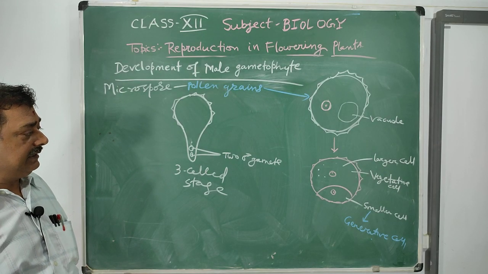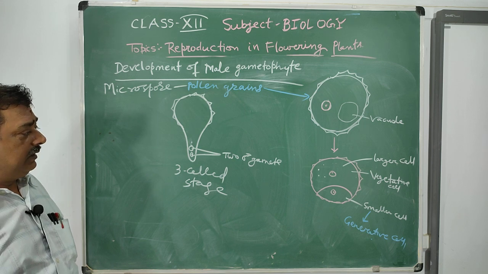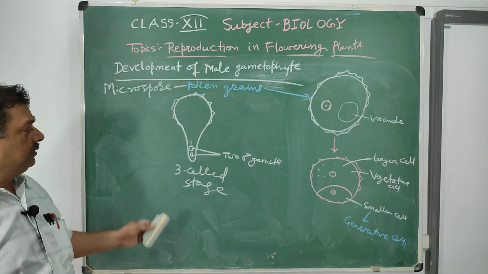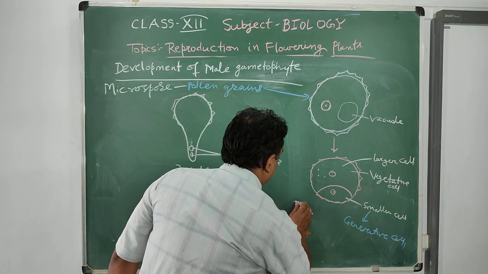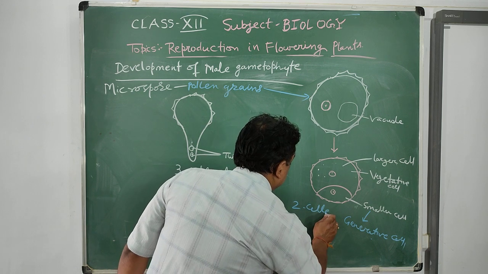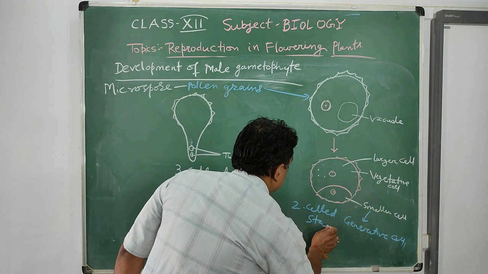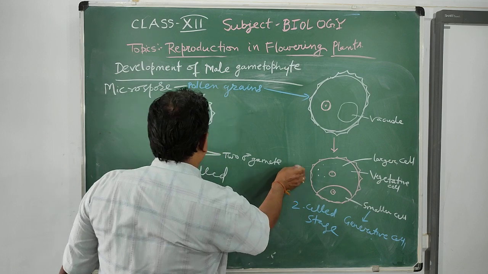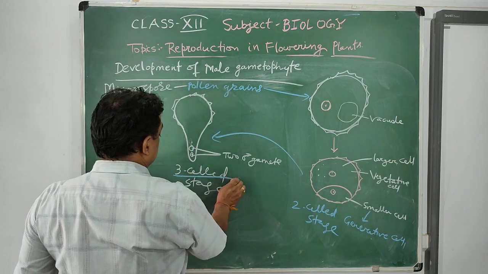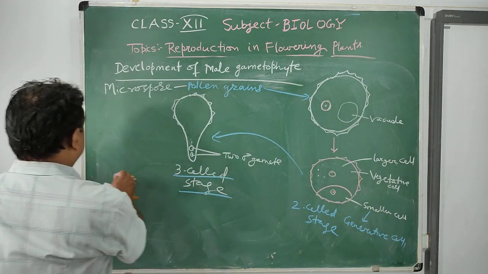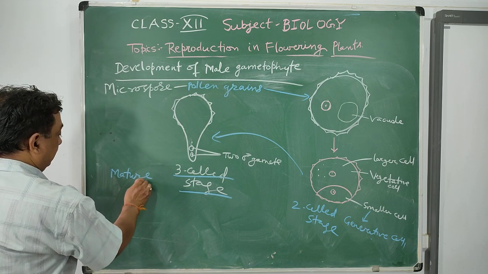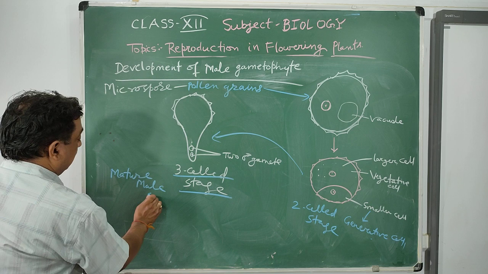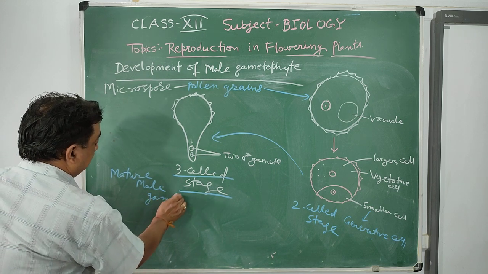The vegetative cell is larger and does not divide further, but the generative cell divides to form two male gametes. The vegetative and generative cell together is called the two-celled stage, which again divides to form the three-celled stage. So this is the mature male gametophyte.